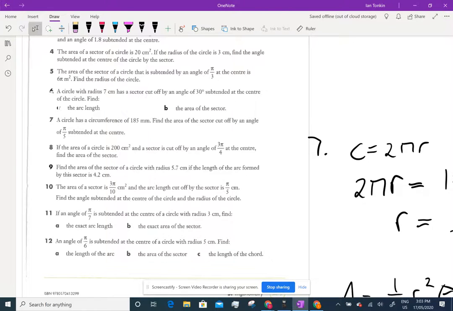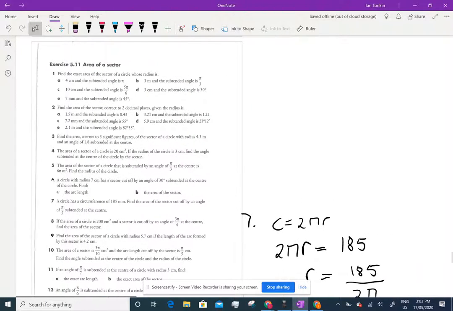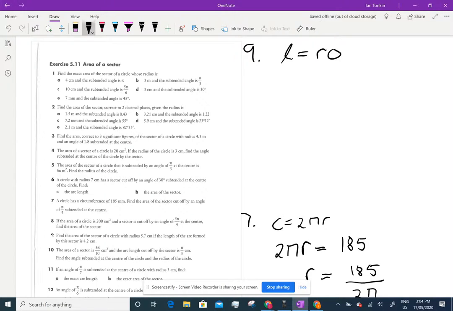Now, you can overcomplicate this. This is really easy. So 9. Remember, the length of the arc is r theta. Okay? So what's the length of the arc? 4.2. So 4.2 equals r theta. Now the area equals a half r squared theta. Now if I just rewrite that slightly differently, that's a half times r theta.